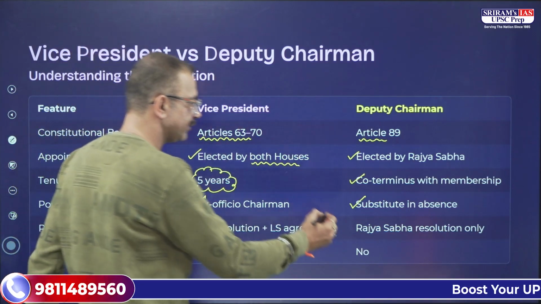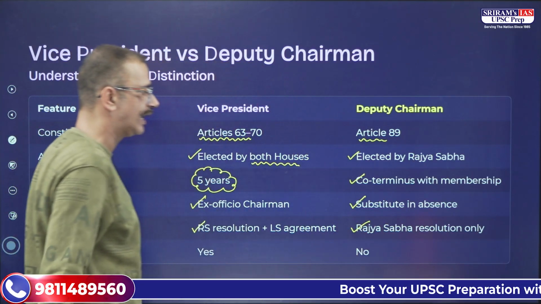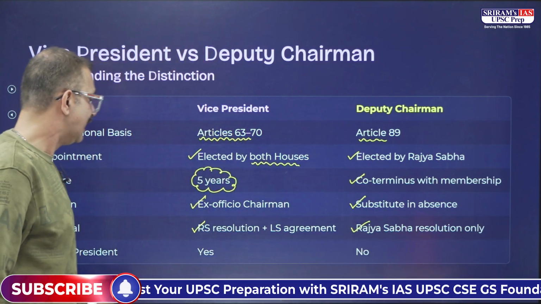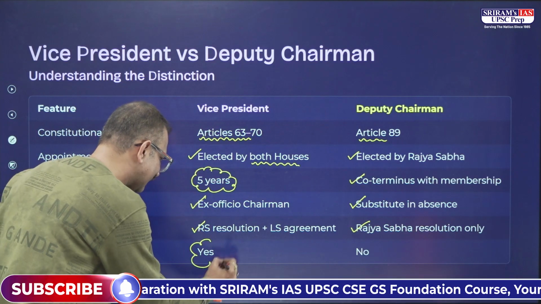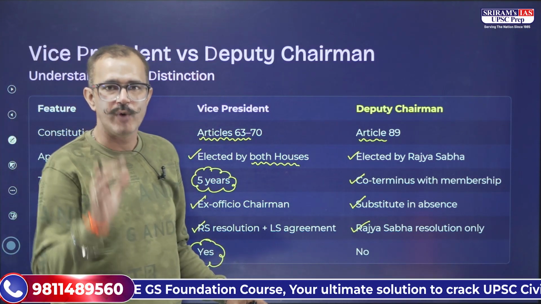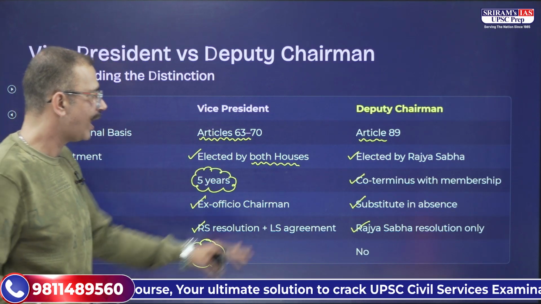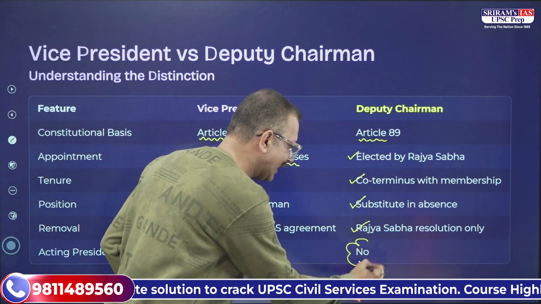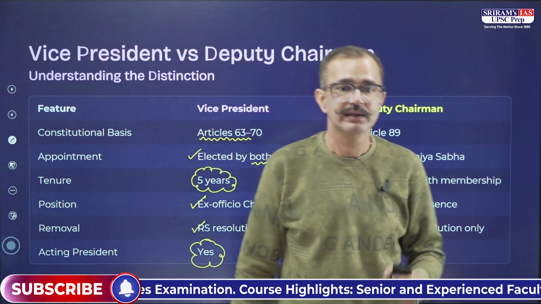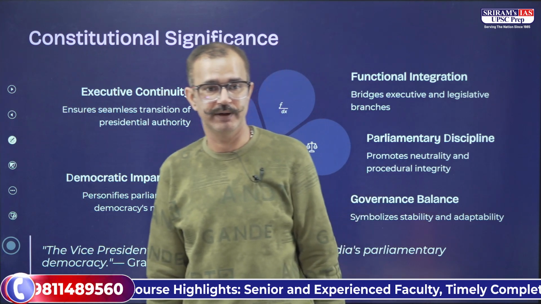The deputy chairman is removed simply by a Rajya Sabha resolution only, and it requires only a simple majority. The vice president can act as the president during a vacancy in the office of the president, but the deputy chairman cannot act as the president of India. So this is the difference between the vice president and the deputy chairman.